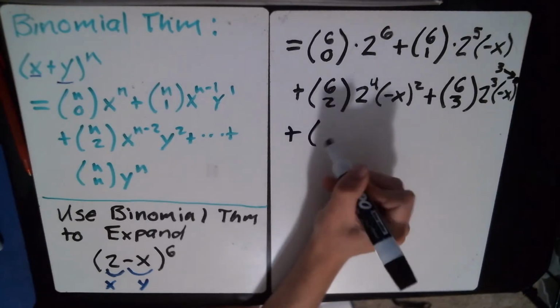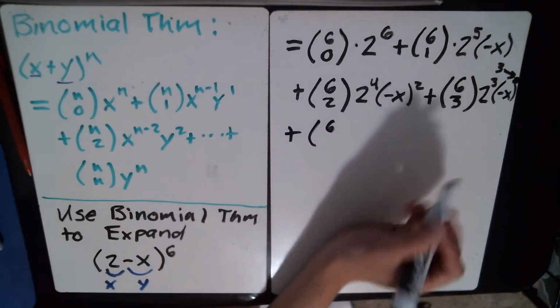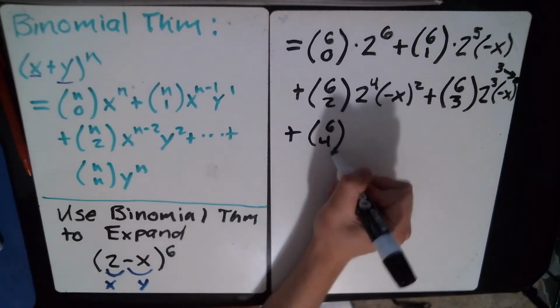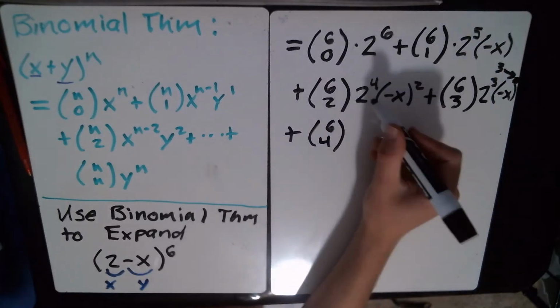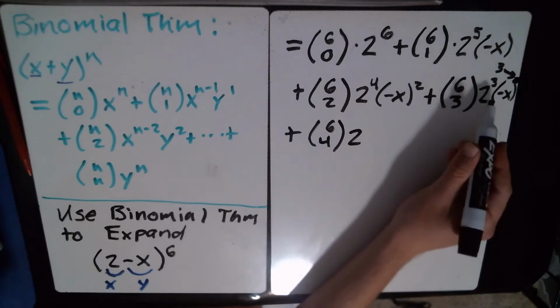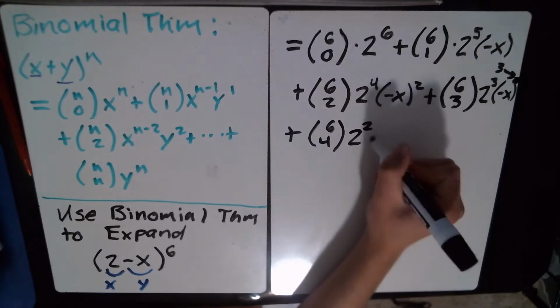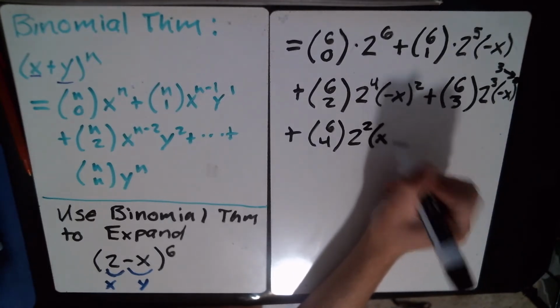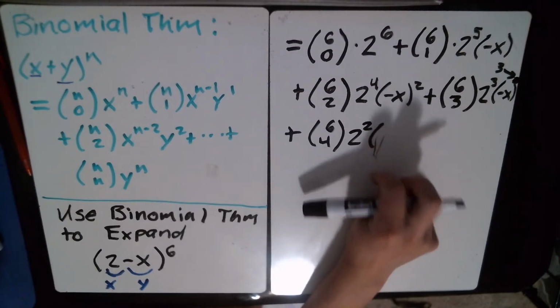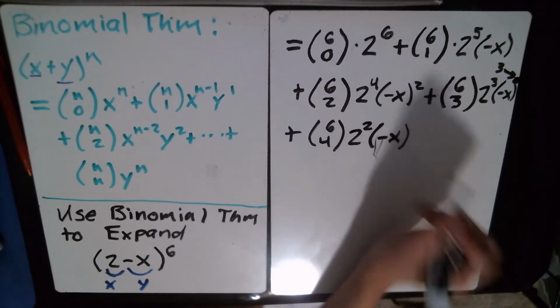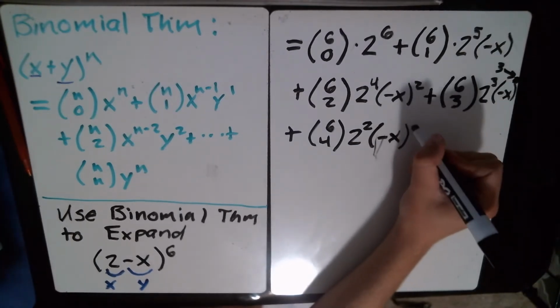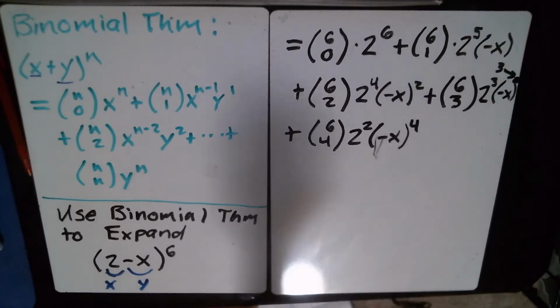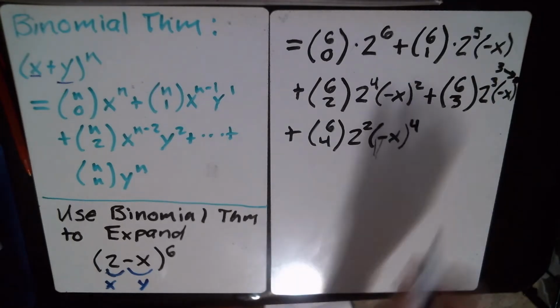Plus 6 choose 4 of 2 squared times negative x, sorry, that's our second thing, negative x to the 4th now. We increase the power there.